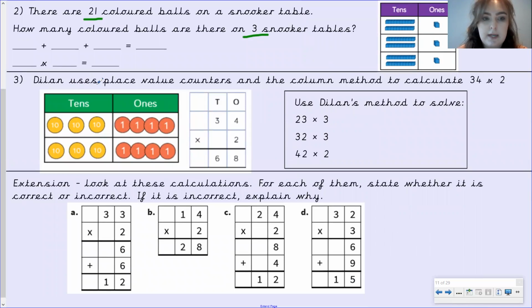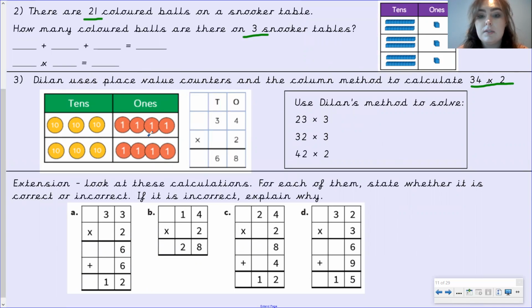And question number 3. Dylan uses place value counters and the column method to calculate 34 times 2. So you've got the drawing here, and then you've got the multiplication number sentence in the column method.